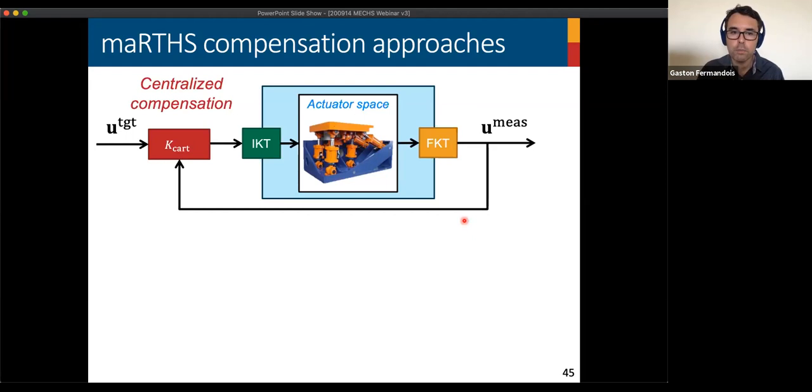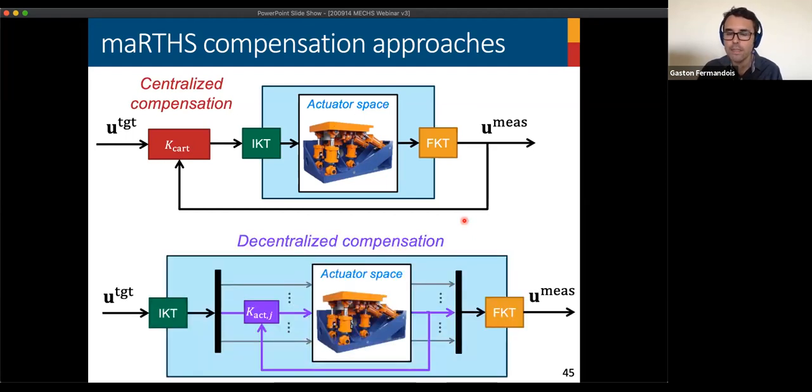This is centralized compensation. Meanwhile, decentralized compensation means that we are going to compensate in actuator space. So each actuator will have its own compensator for dynamics. So in this case, we will design 6 independent compensators in actuator space. And I'm going to show you the pros and cons of each of these approaches.